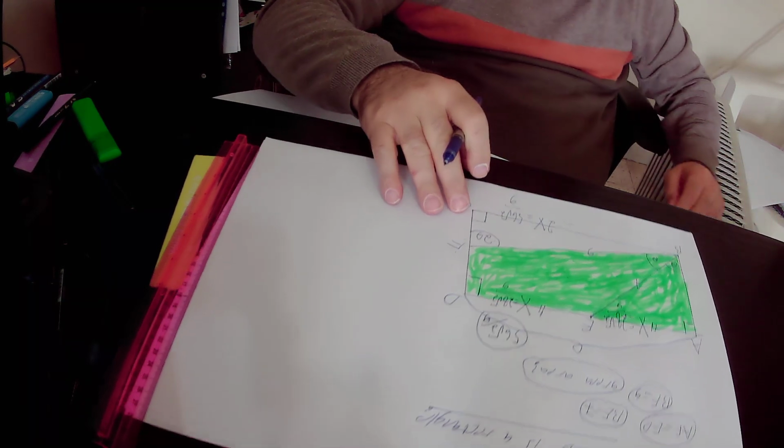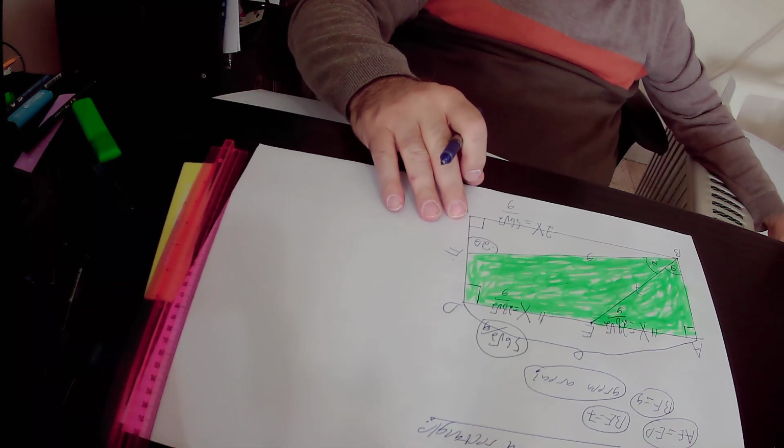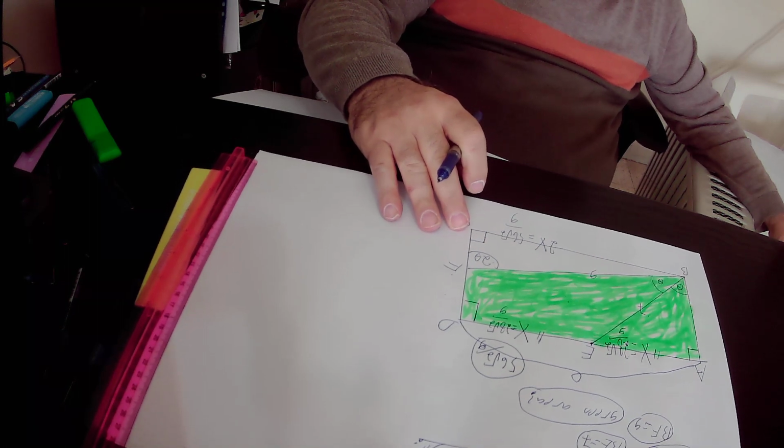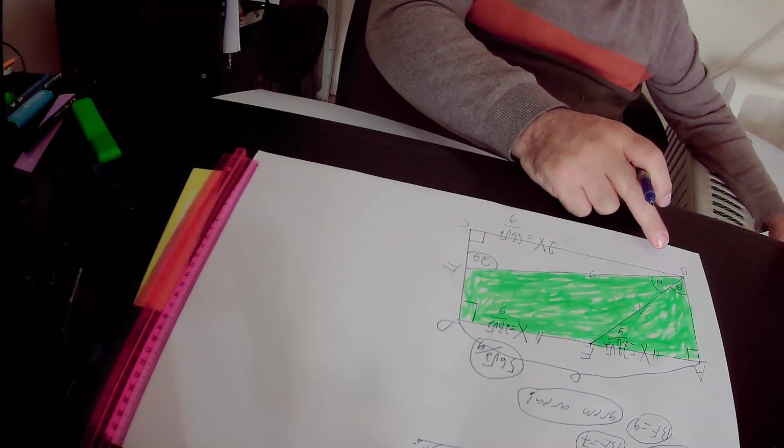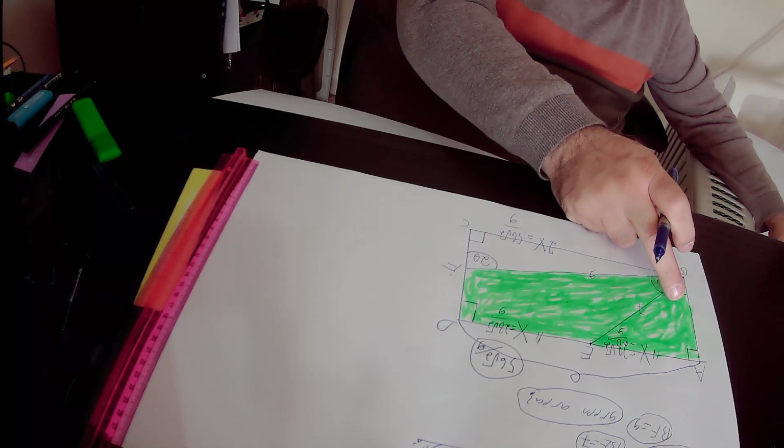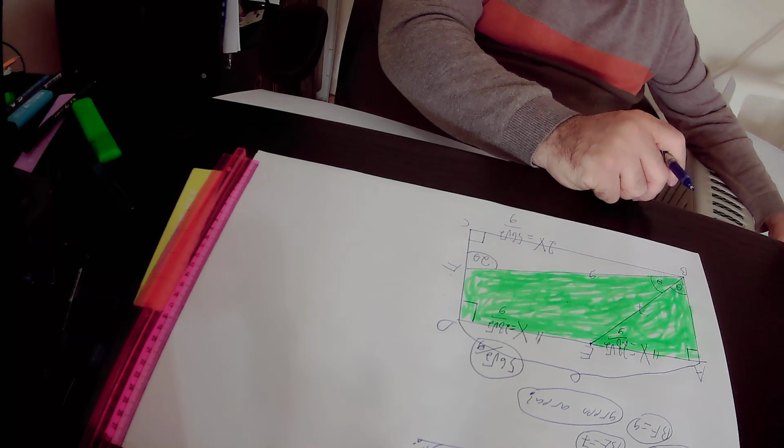And we have already found out, okay, as here we will focus on the green right triangle ABE.